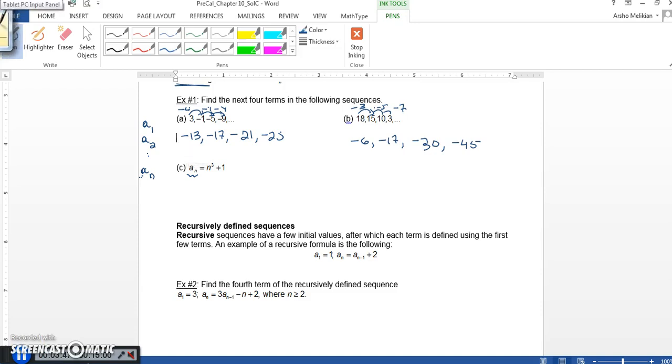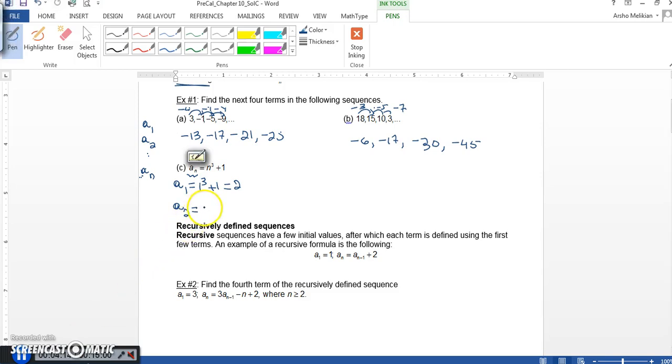If I want to find the first 4 here, I first have to find A subscript 1. In this case, n is equal to 1. So when I plug it into this formula, if n is equal to 1, then I have 1 cubed plus 1 equals 2. Okay? Now, the second term is A subscript 2, meaning n is what?